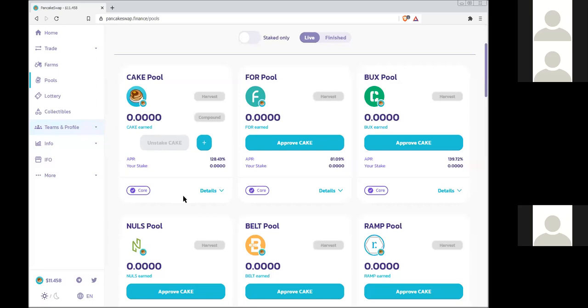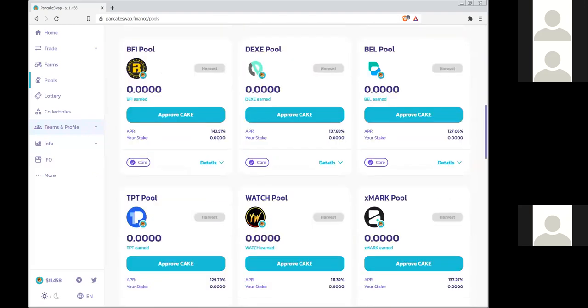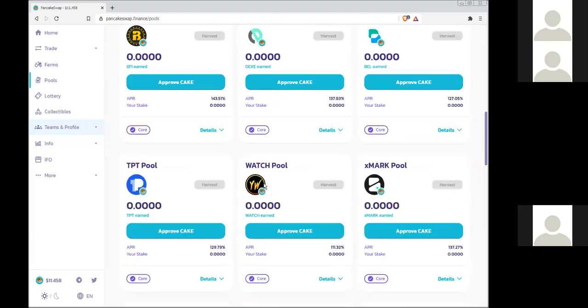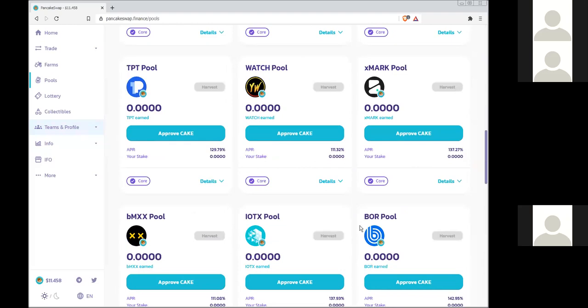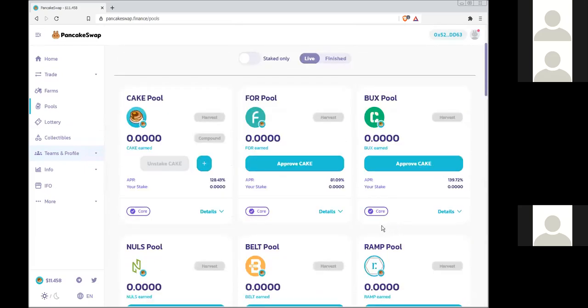Some of these other ones, actually most of these, you earn the same coin. There have been some where you could stake, like this BOR coin, but your earnings would be paid out in Cake. That's how that coin functions in this PancakeSwap site.